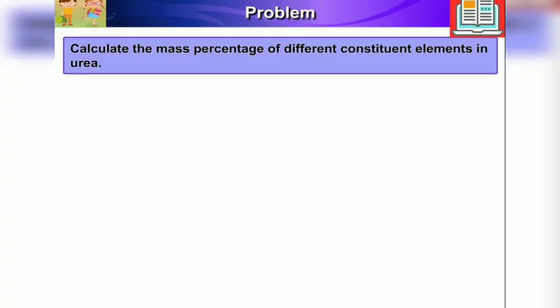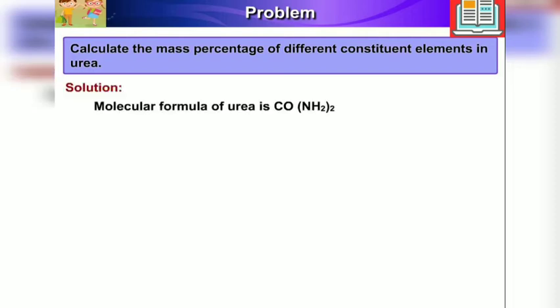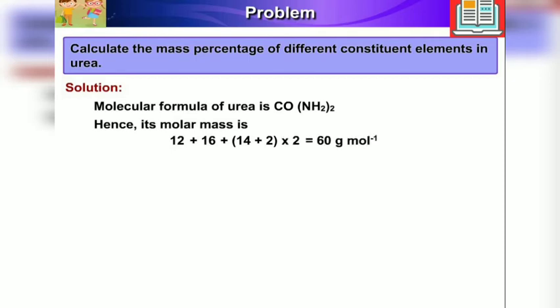Calculate the mass percentage of different constituent elements in urea. Solution. Molecular formula of urea is CO(NH2)2. Hence, its molar mass is 12 plus 16 plus 14 plus 2 into 2 equals 60 grams per mole. Percent of carbon equals 12 upon 60 into 100 equals 20%.